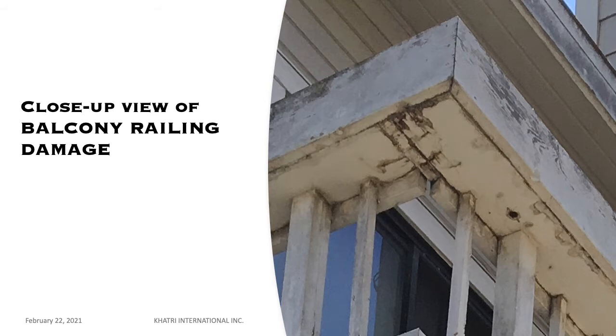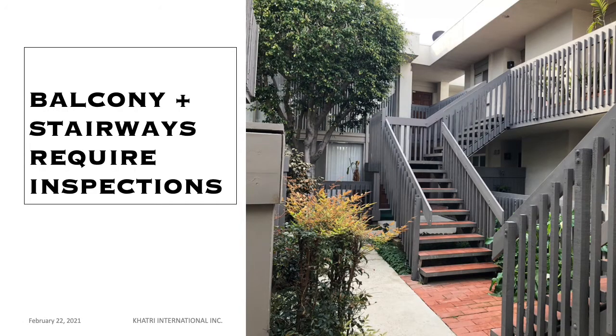Lots of evidence here of railing damage. You can see the wood is coming apart. We are also required to inspect the stairways by the balcony law, and all of these railings have to be inspected, and we have to check the rise to run ratios. So that is included in the scope of the law.